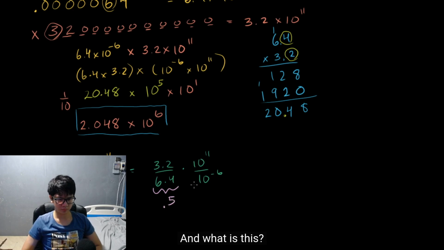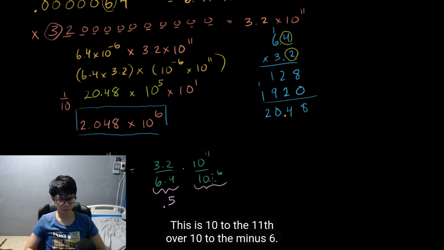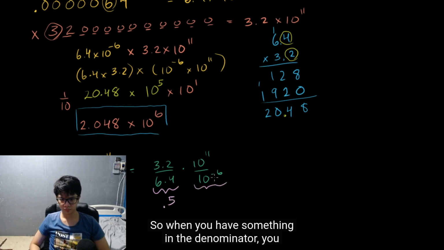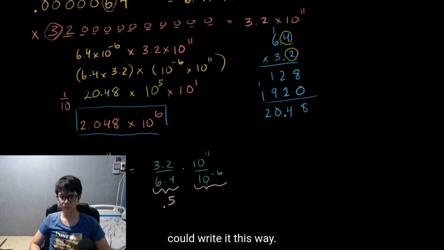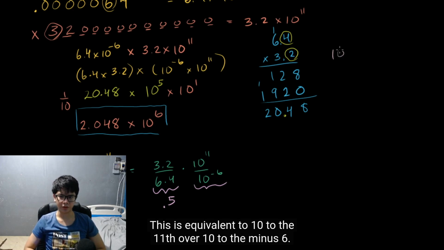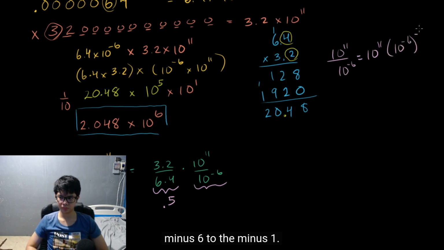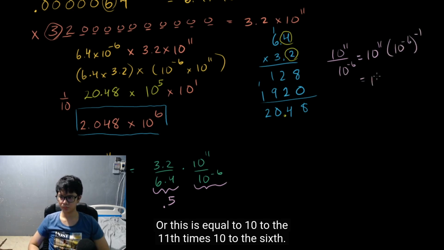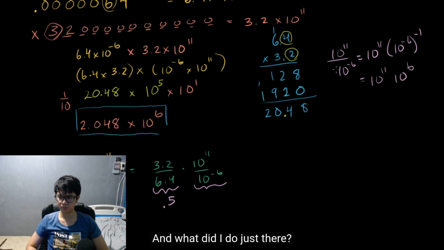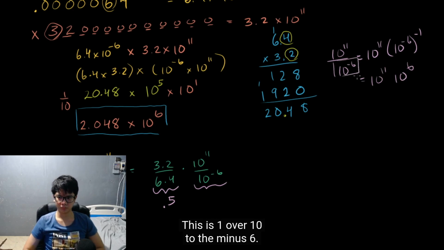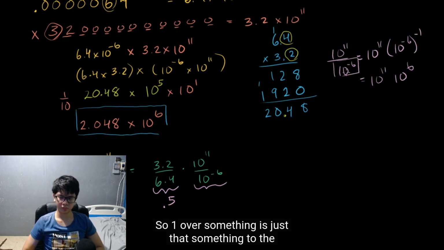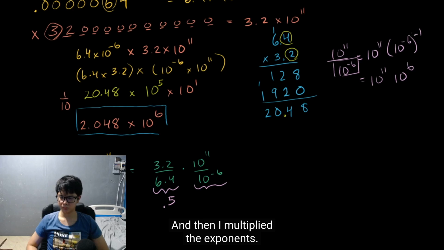What is this? This is 10 to the 11th over 10 to the minus 6. When you have something in the denominator, you could write it this way. This is equivalent to 10 to the 11th times 10 to the minus 6 to the minus 1. So this is equal to 10 to the 11th times 10 to the 6. What did I do just there? This is 1 over 10 to the minus 6. So 1 over something is just that something to the negative 1 power when I multiply the exponent.